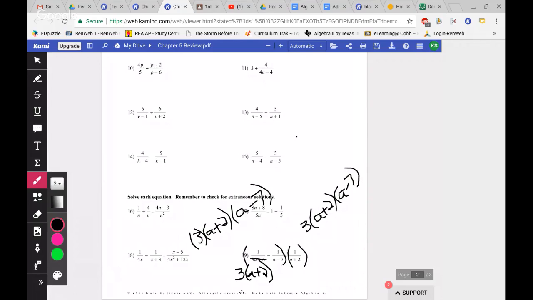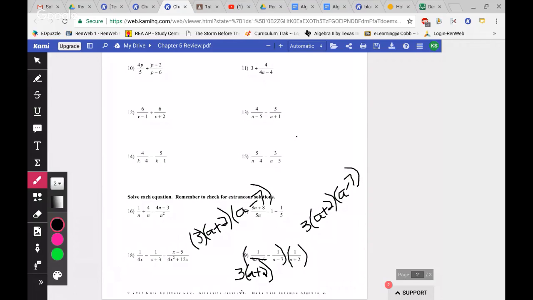We found that the greatest common denominator, least common multiple, is 3 times a plus 2 times a minus 7. The first thing you'll do, and why you multiply both sides of the equation, is to eliminate your denominator in order to have a simpler linear expression that's more user-friendly to solve for the variable.